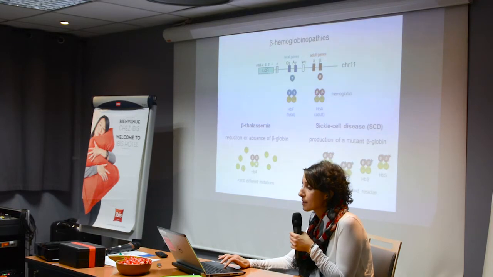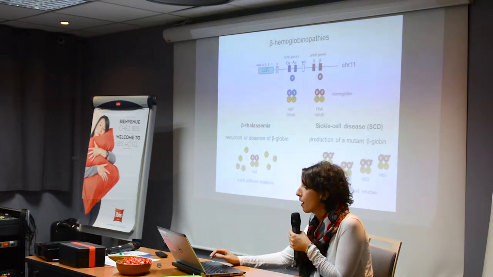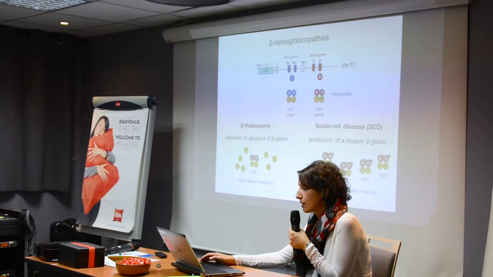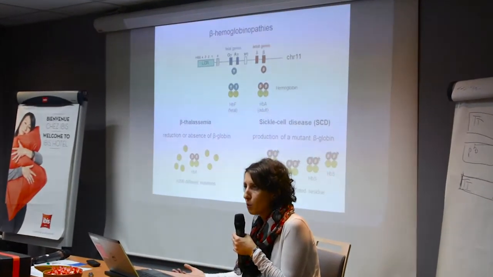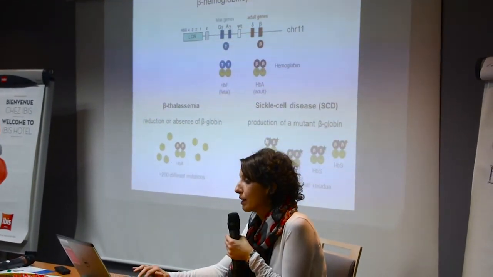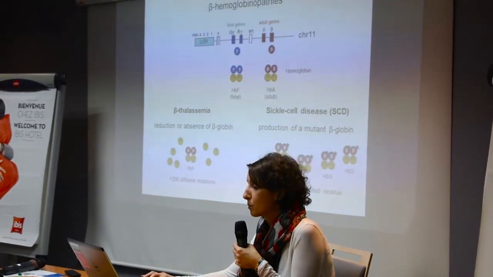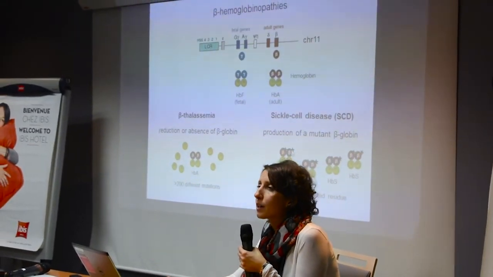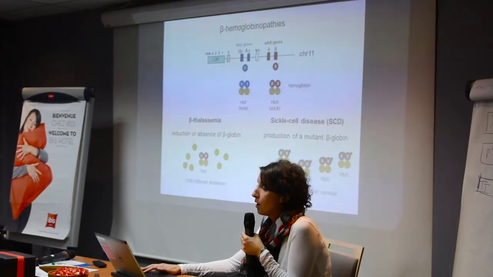These tetramers are reduced. Therefore, we have an excess of alpha globins which cannot be incorporated into the hemoglobin. While in sickle cell disease, we have a normal level of beta globin in the blood of these patients, but it is a mutant beta globin, and this mutant beta globin can cause a very severe clinical phenotype.